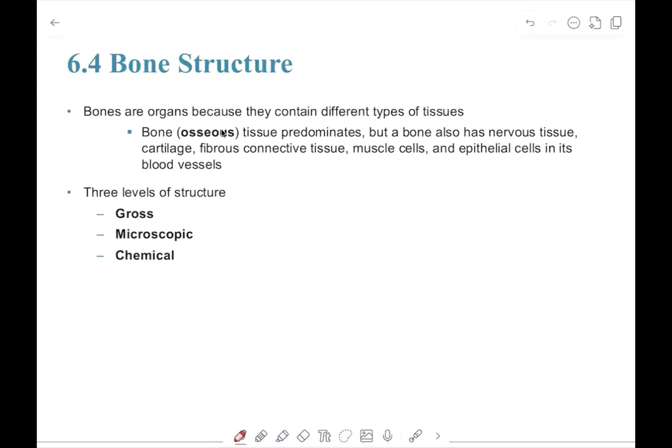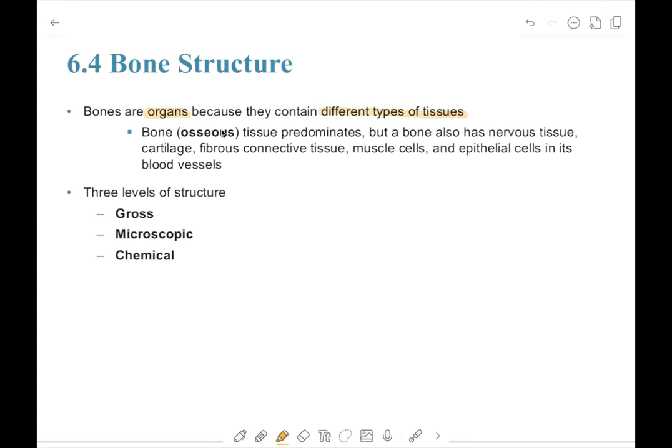We're going to take a look at bone structure. So bones are organs because remember, they possess several types of tissues within them. Bone obviously is connective tissue, but there's also nervous tissue, blood in there as well, which is a connective tissue, and then muscle attached to bone as well.